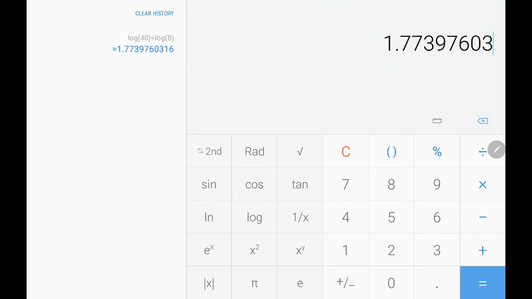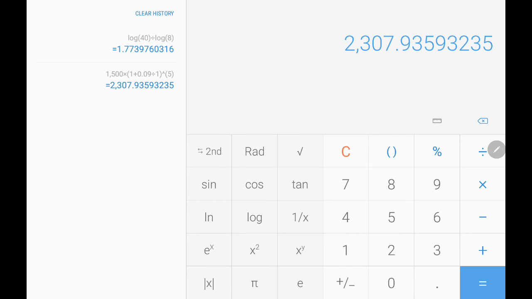Android people have it a lot simpler, so I'll do it that way. So we go 1500 times (1 plus 0.09 divided by 1) to the power of 5.